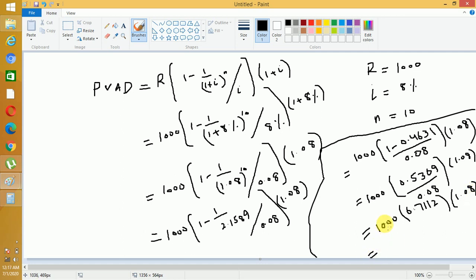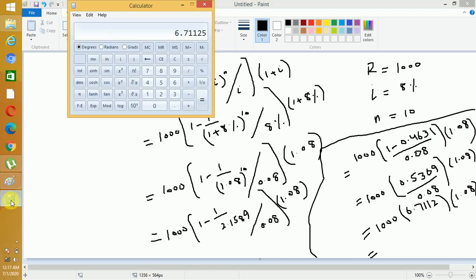Now multiply these three: this 1000 multiplied by 6.7112 and multiply it by 1.08.